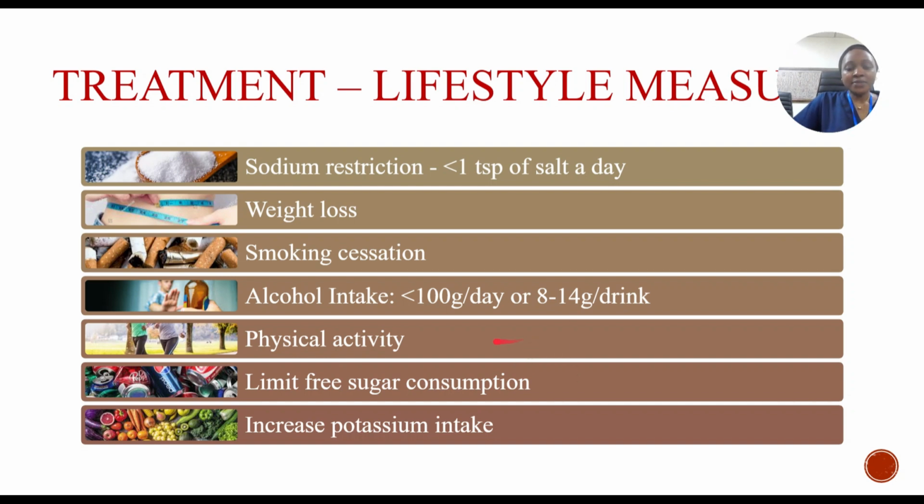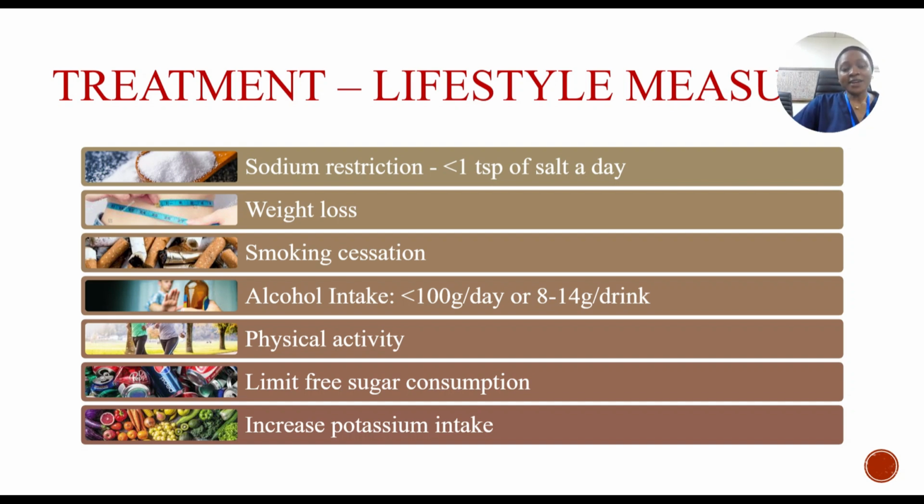Physical activity. In physical activity, aerobic exercise is what is commonly recommended. However, it's been found that in non-white patients, which includes black patients as well, dynamic resistance training is just as effective as aerobic exercise in reducing cardiovascular disease risk and reducing blood pressure as well.